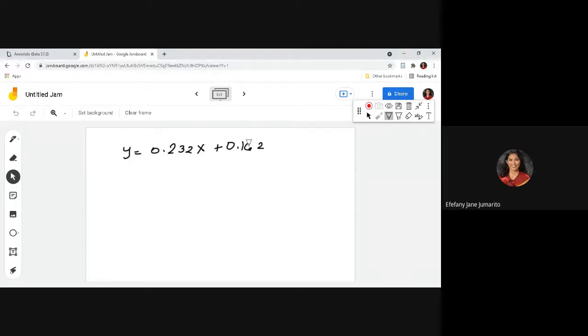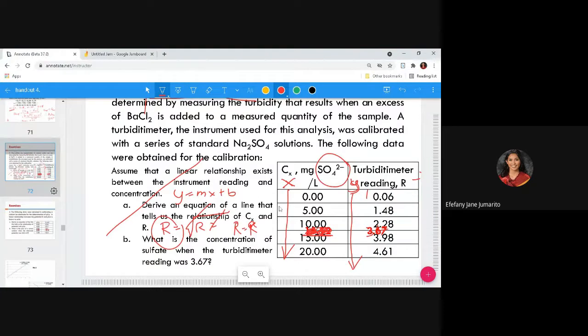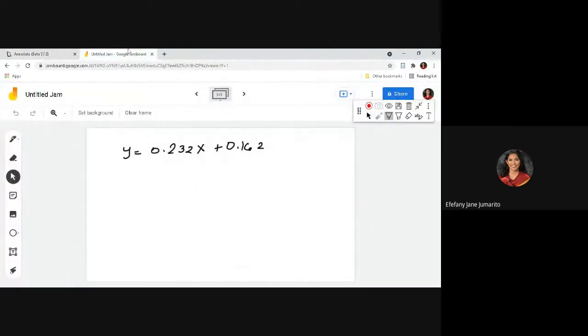Okay, now it says, what will happen to the concentration if your turbidity meter reading is 3.67. So we have that one.